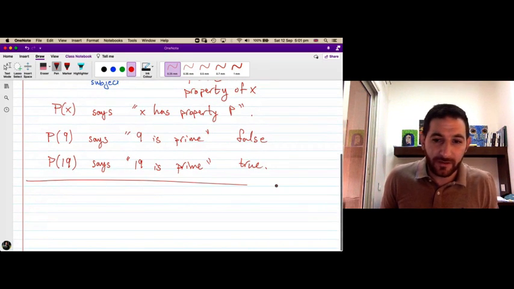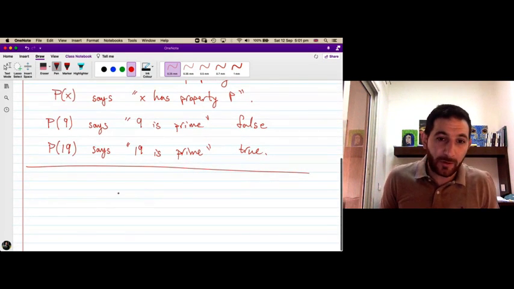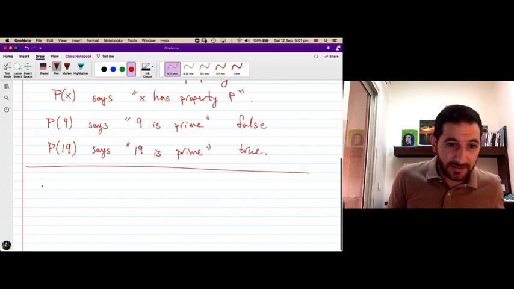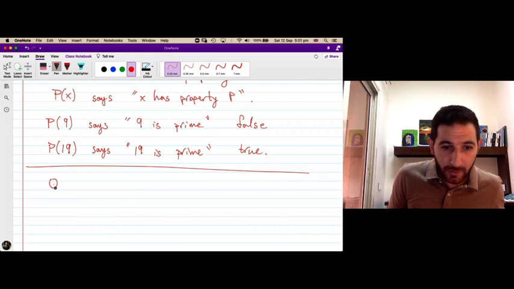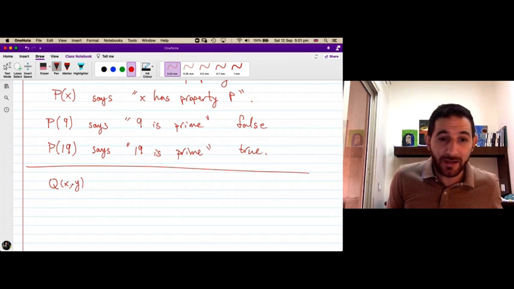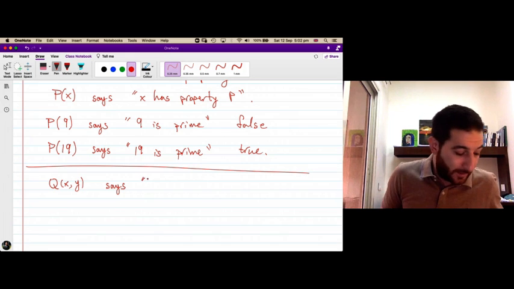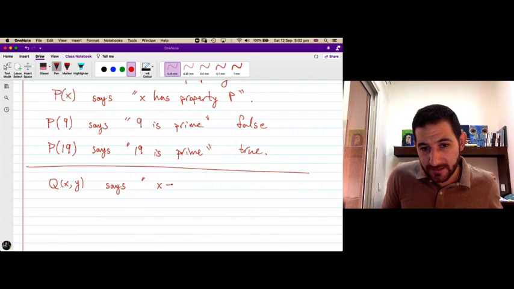Let's have another example. Look at this property which involves two variables instead of one. Let me call it Q(x, y). This means the pair x, y together has property Q, and say this predicate says that x is equal to y plus 3.